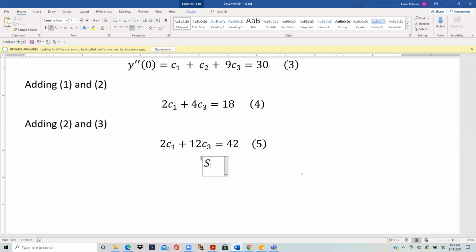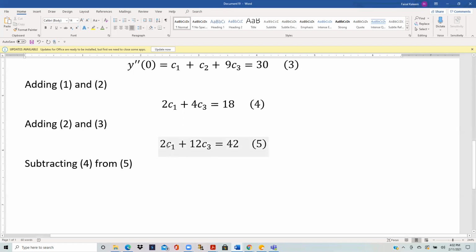So subtracting 4 from 5. So you see, 2C1 minus 2C1 will just go away.